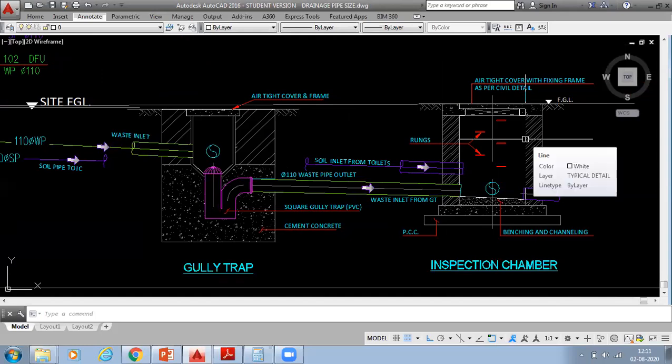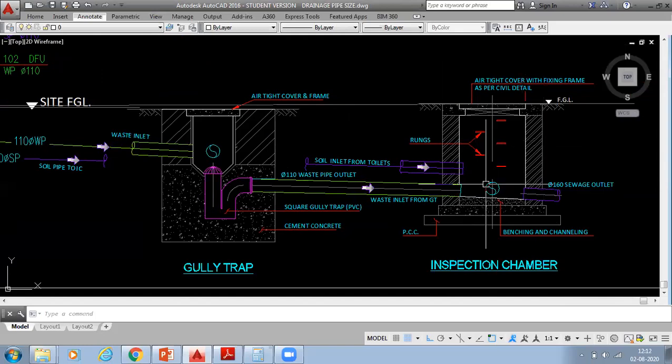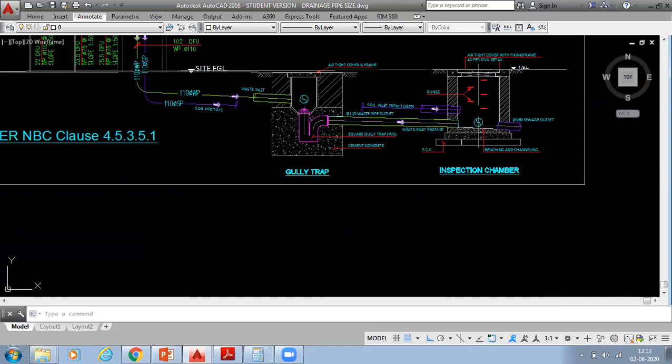You can connect whichever you require based on the site availability. You can connect to an inspection chamber or a manhole. But the waste pipe from the building, you first have to connect to the gully drop only. After the gully drop only, you have to connect into the inspection chamber. This only you have to keep in mind.